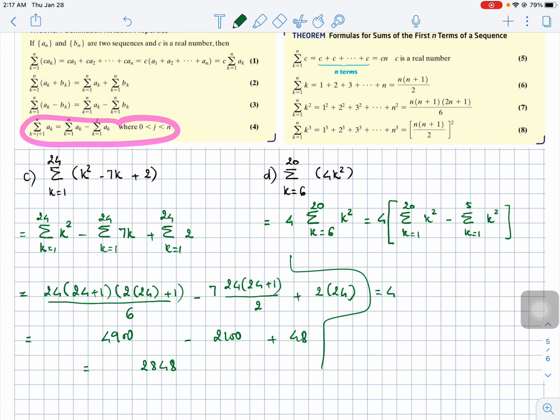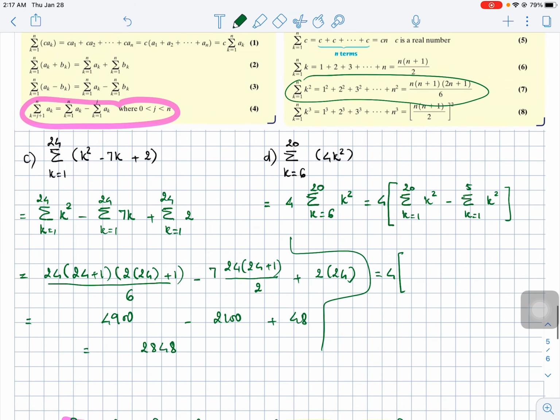So 4, and then for the k squared from 1 to 20, we will apply number 7. And your n will be 20. So we have 20 times (20 plus 1 is 21), times (20 times 2 is 40, plus 1 is 41), divided by 6, minus.